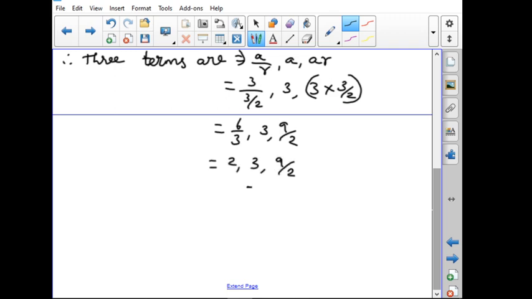Check the two results: the first one we have, and the second one is the reciprocal order of the first one. So we write the answer like this.